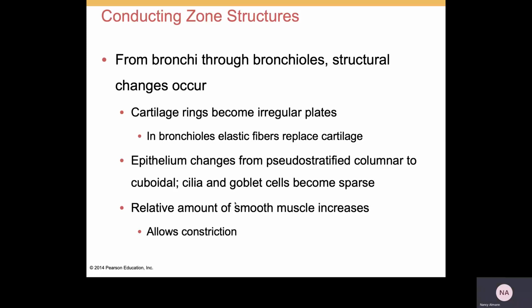We know that there are significant epithelial changes from ciliated pseudostratified columnar epithelium down to simple cuboidal epithelium, and cilia and goblet cells will become sparse. Once you get down to the respiratory membranes, you're talking about simple squamous epithelium. And we also know that the relative amount of smooth muscle will increase, which will allow for constriction of the bronchioles.